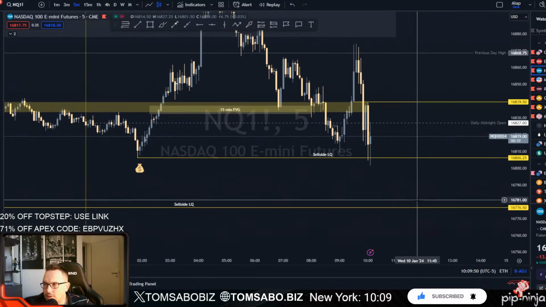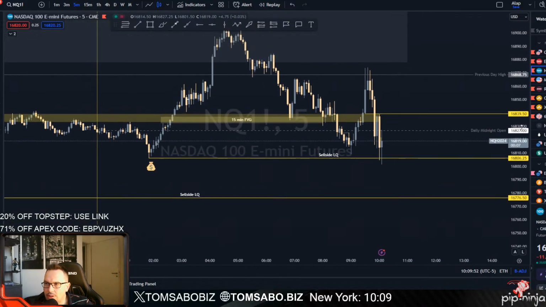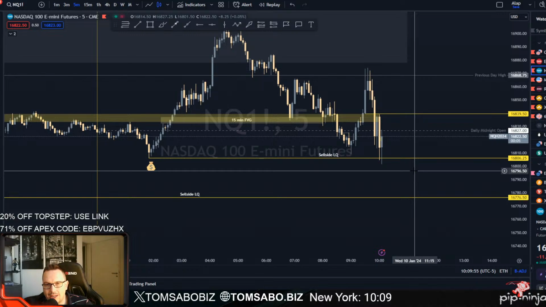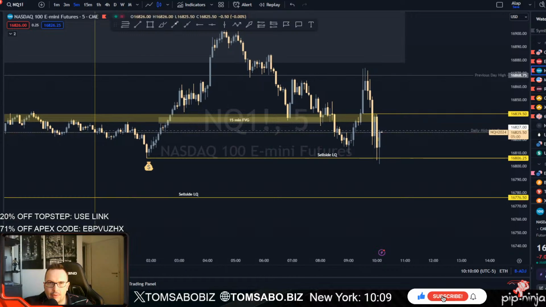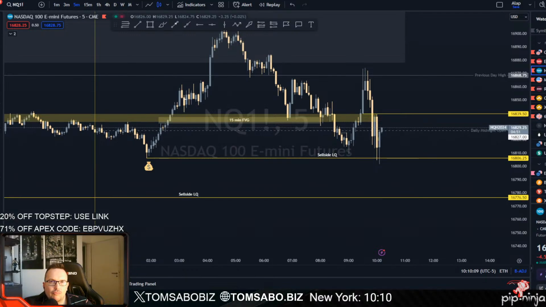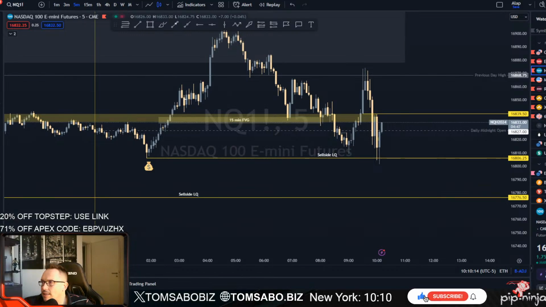My final target would be down there, but so far I just don't like what I see. I don't like how it's reacting on this level, so I'm considering closing it. Yeah. ES is pushing. Yeah, this trade doesn't really make sense anymore.